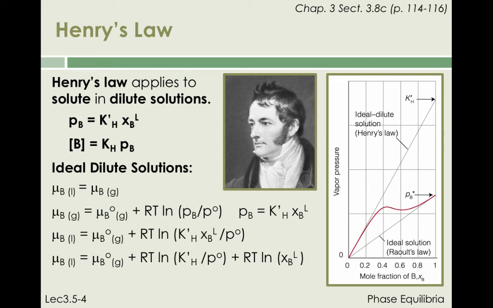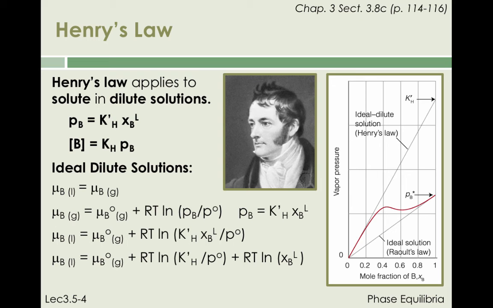We then isolate XBL from the ratio K prime sub H divided by the standard pressure and obtain mu BL equal to mu BG standard plus RT times the natural log of K prime sub H over P standard plus RT times the natural log of XBL.